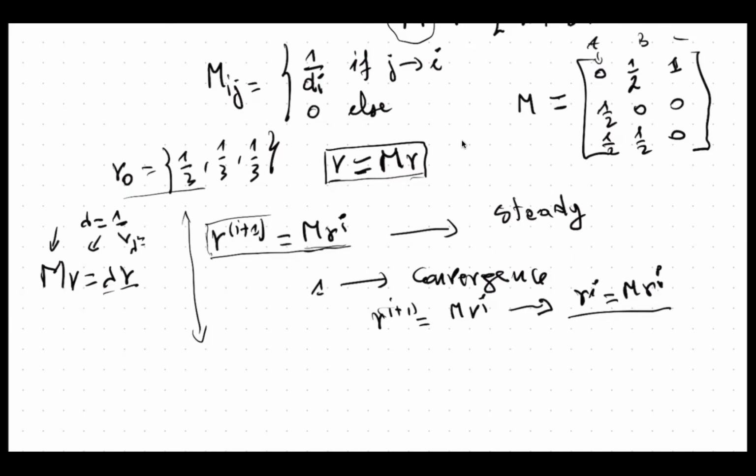There's only one vector that we can associate to lambda equal to 1. So if we can find this lambda and the vector associated to it, then it is the unique one.